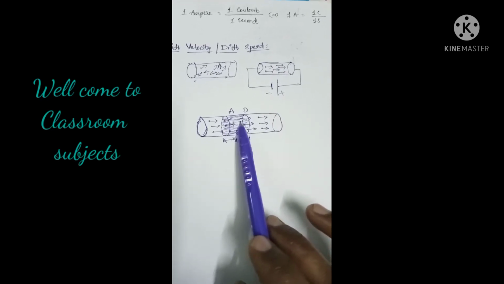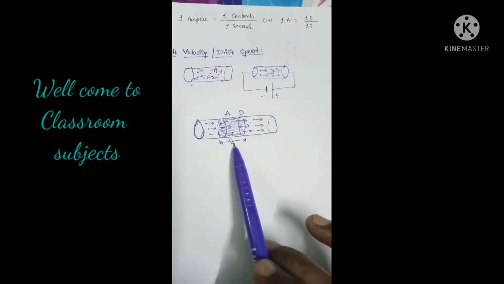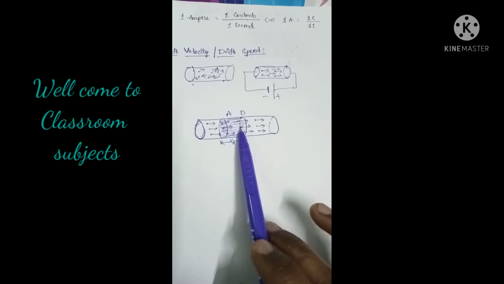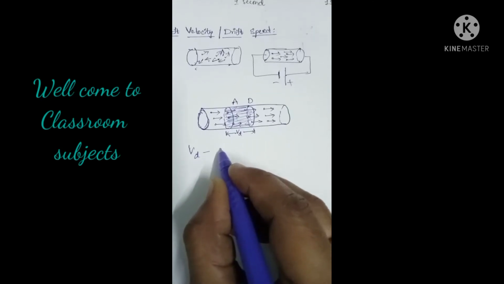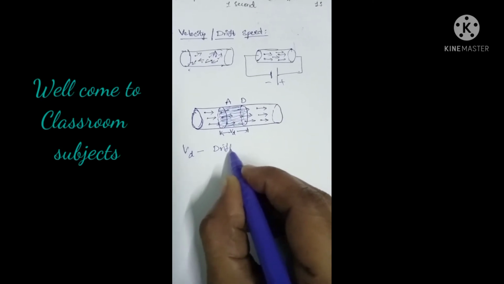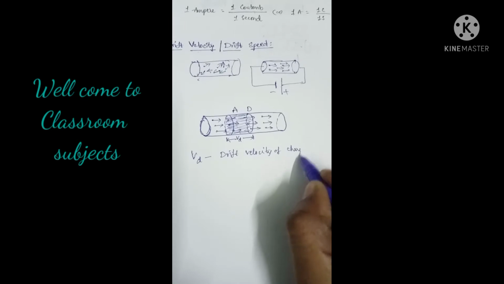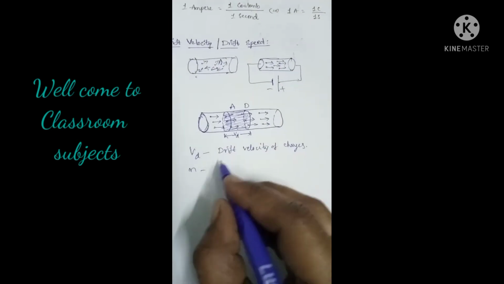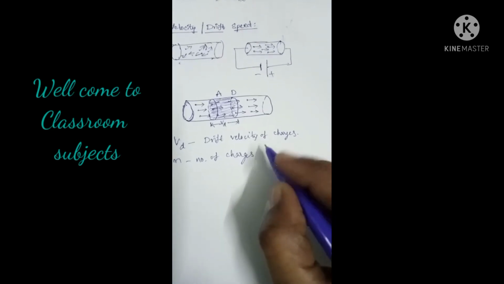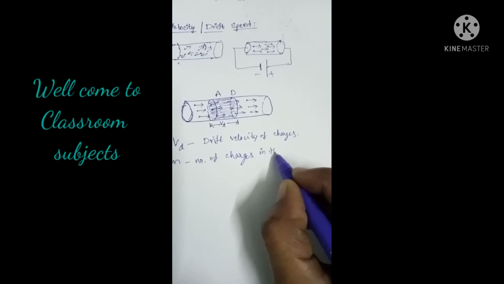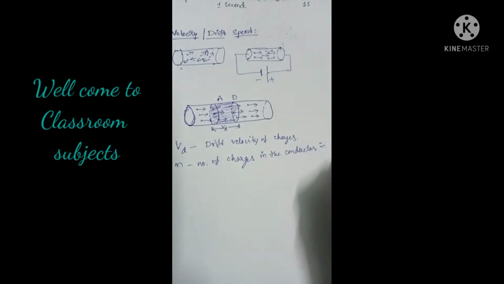Consider a cross-section area A in the conductor, and let Vd be the drift velocity of the charges, and n be the number of charges in the conductor in a unit volume.